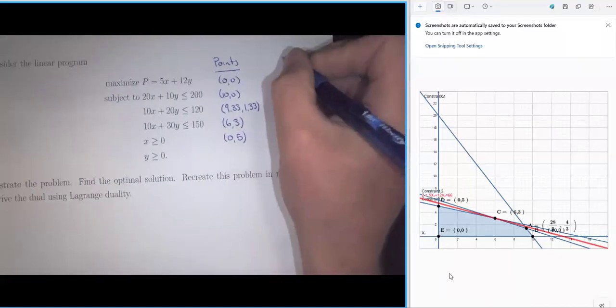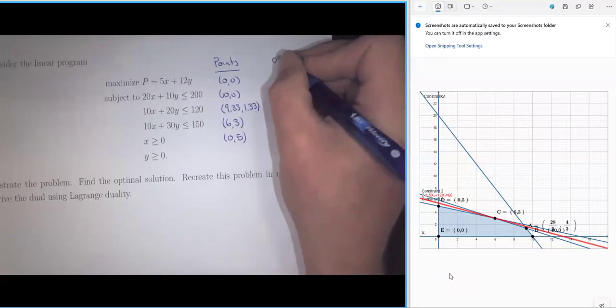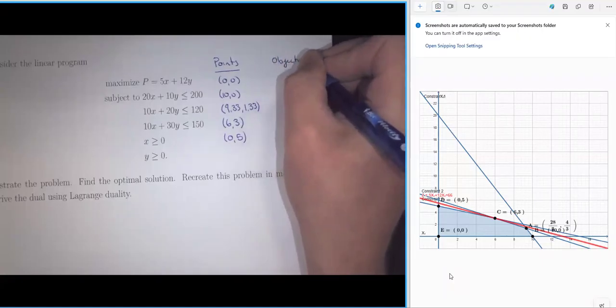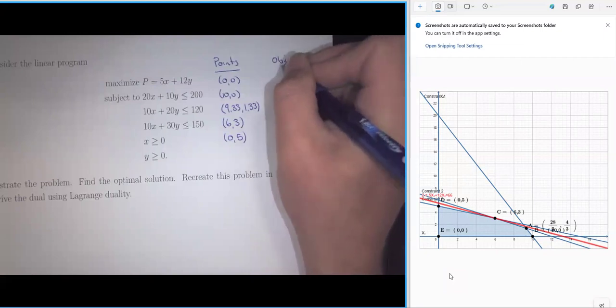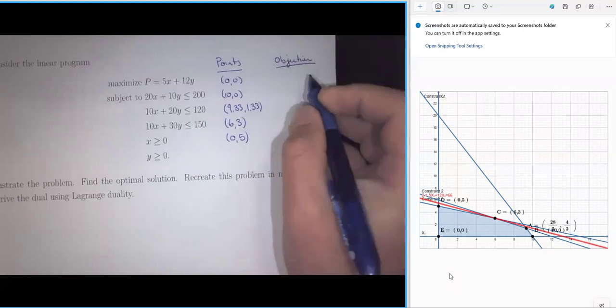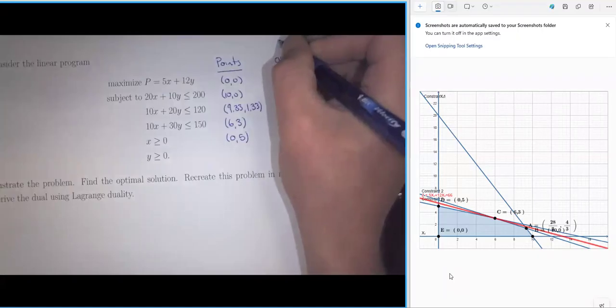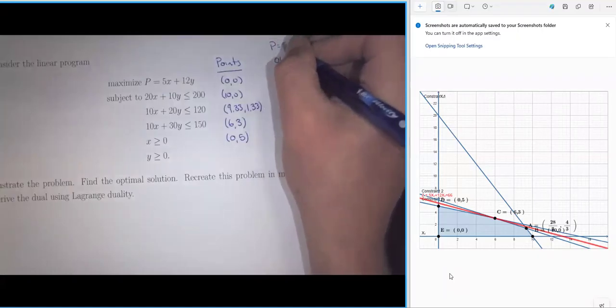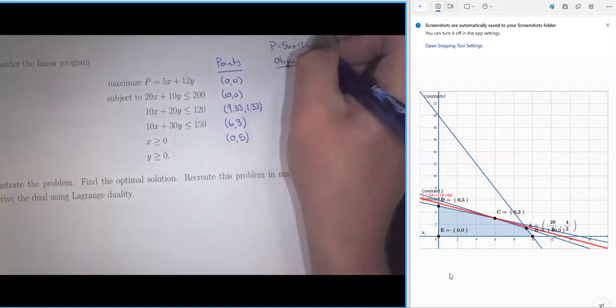And we want to find the objective value there. And of course, that objective value is p equals 5x plus 12y.